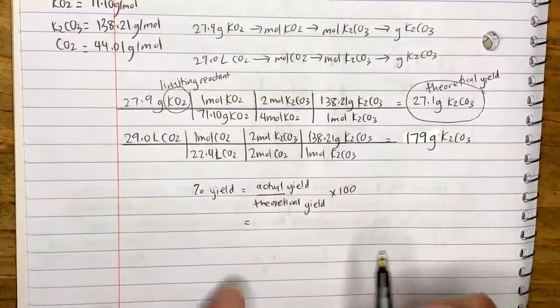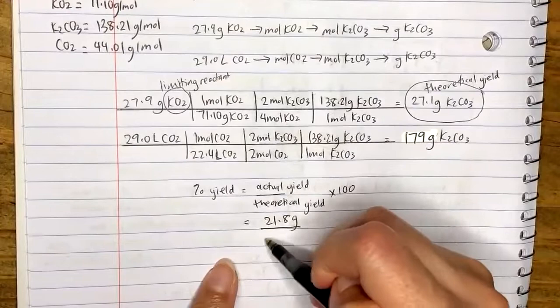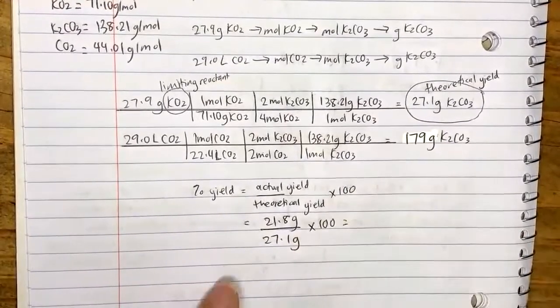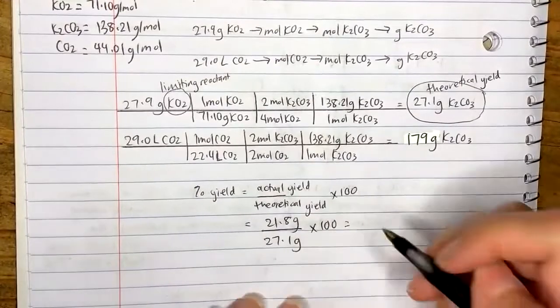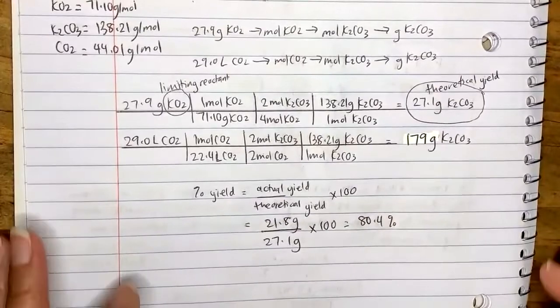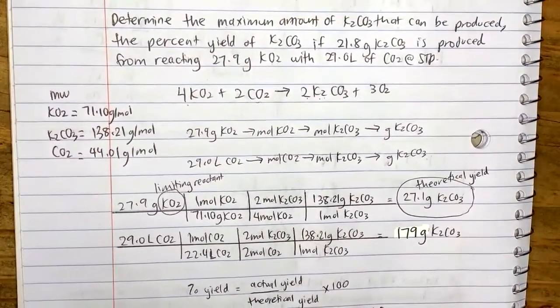So what do we have? 21.8 grams over 27.1 grams times 100. And we are going to get 80.4%. That's my percent yield. And that would be the question that we had to solve for.